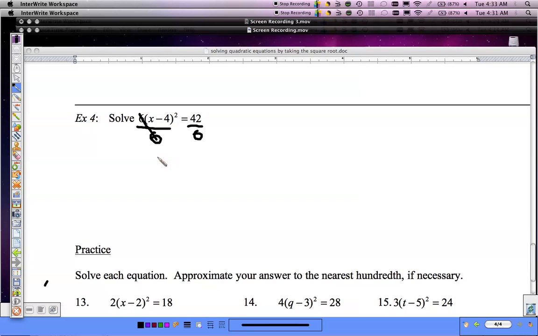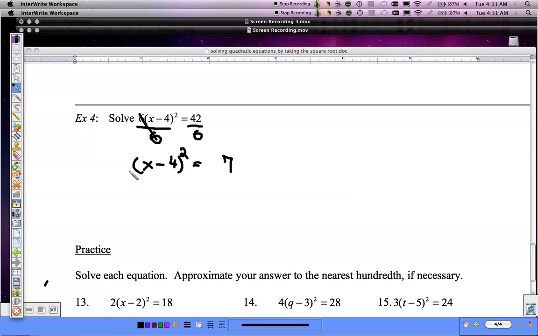We just don't write the 1. And 42 divided by 6 is of course 7. So what I have now is (x minus 4) quantity squared equals 7.